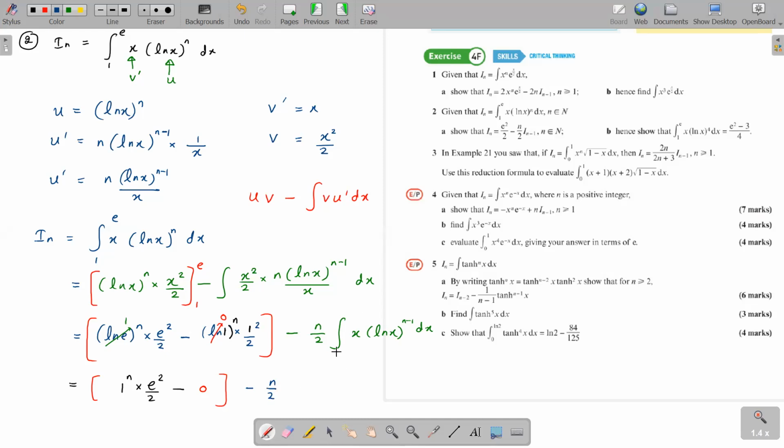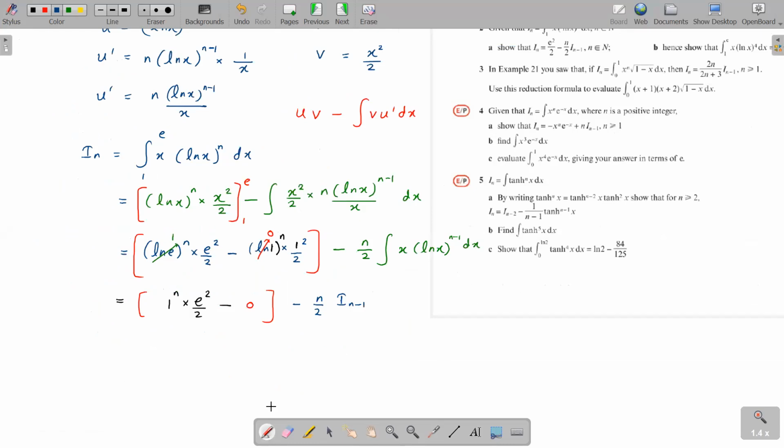This integral is what we call as what? This is our I n minus 1. Okay, so let's simplify this a little bit. I n equals, 1 to the power n is 1. 1 to the power of anything is 1. So e square over 2 minus n over 2 times I n minus 1. Are you with me? Is it okay?